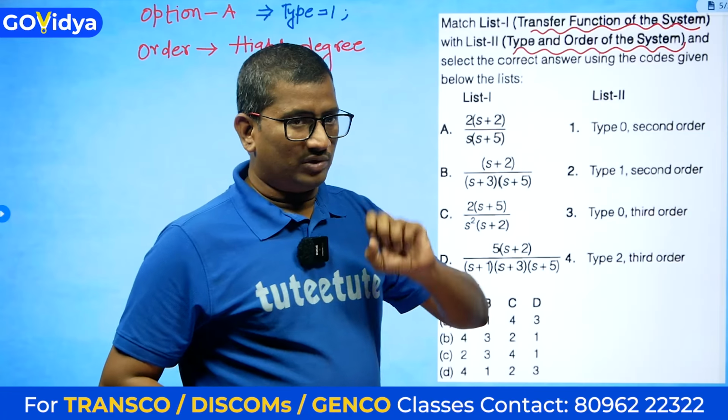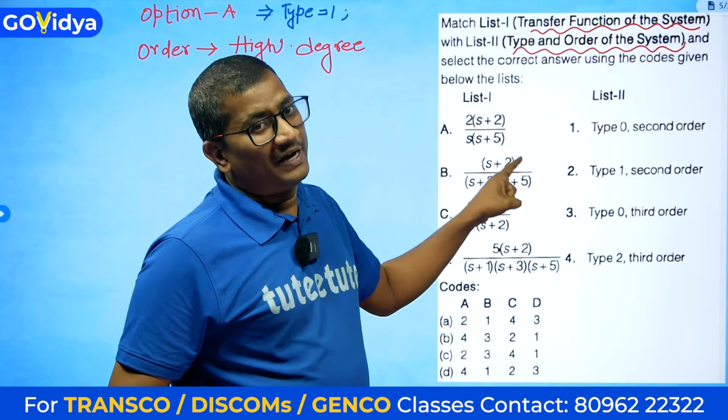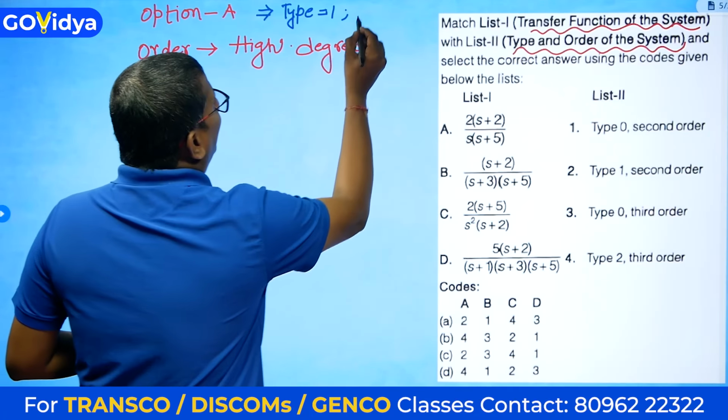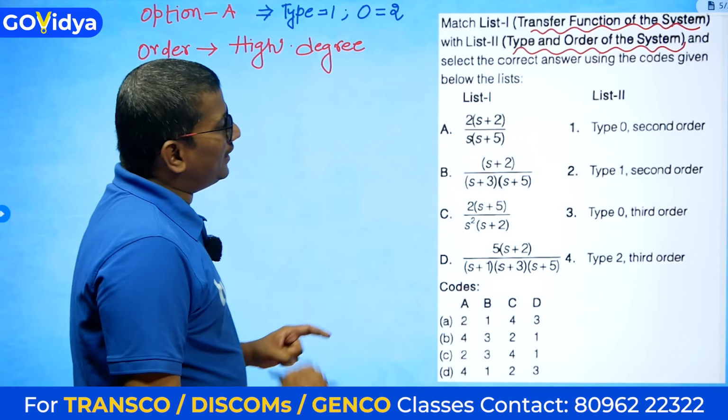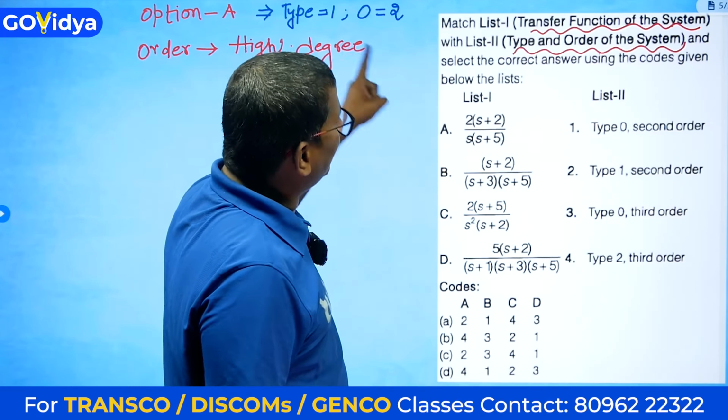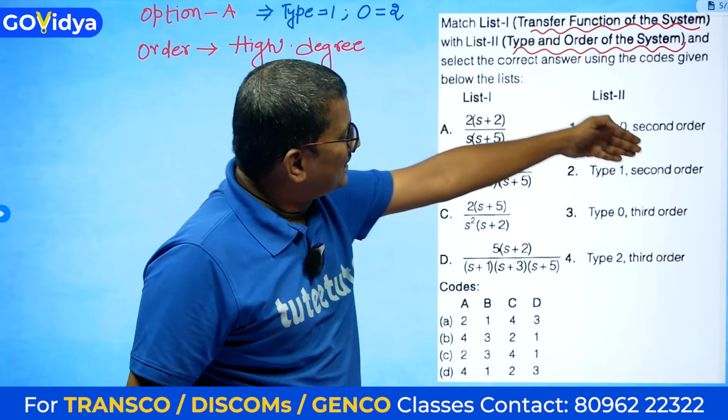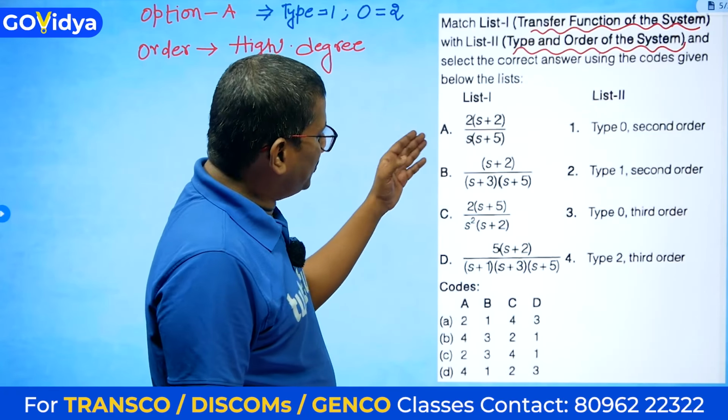It is 2, right? S square plus 5s. Therefore the order is 2. So option A is type 1, order 2, a type 1 second order system.